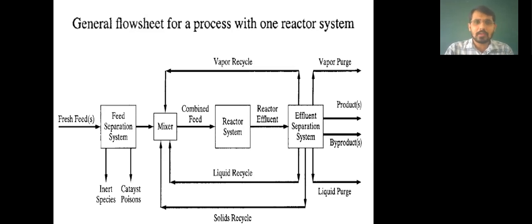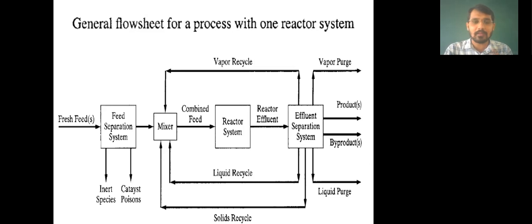So, you can see on the screen, this is a diagram for a reactor system with a feed separation system and an effluent separation system. What is the meaning of this? Feed separation system means whatever impurities are present in the reactants, we are removing those impurities by using the feed separation system. For example, those impurities are inert species or catalyst poison. Poison, we know that.